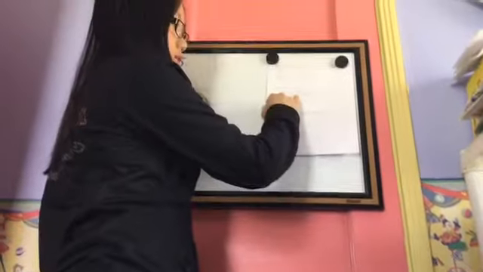Number 15 asks which equation represents this table. So we know right away that this can't be linear, so we can cross out numbers 2 and 3. It can't be linear because it does not go up evenly each time.